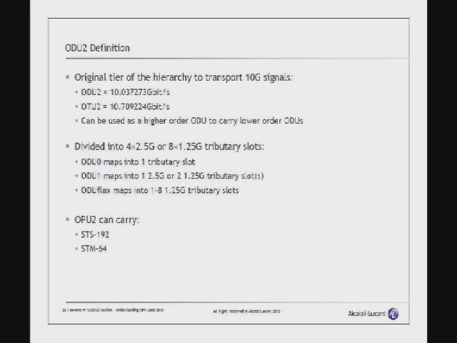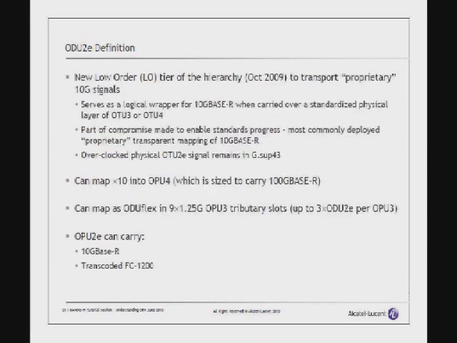So you have that flexibility of being able to build up these specialized containers with ODU Flex, and then also multiplexing back in to fill up the whole container so that you're not wasting bandwidth.